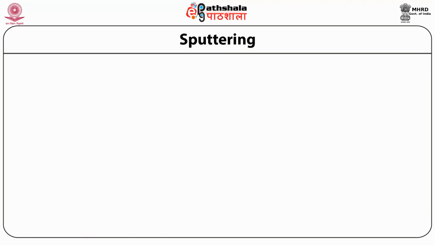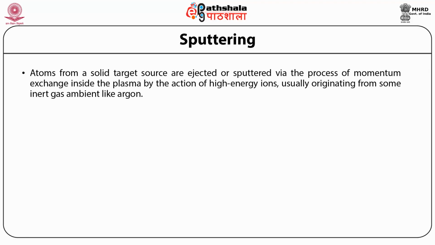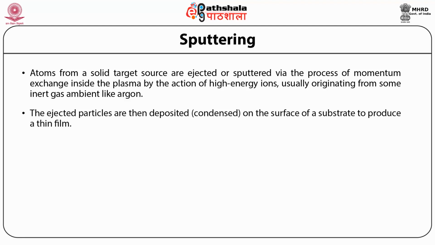In the sputtering technique, atoms from a solid target source are ejected or sputtered via a process of momentum exchange inside the plasma by the action of high energy ions, usually originating from some inert gas ambient like argon. The ejected particles are then deposited or condensed on the surface of a substrate to produce a thin film.